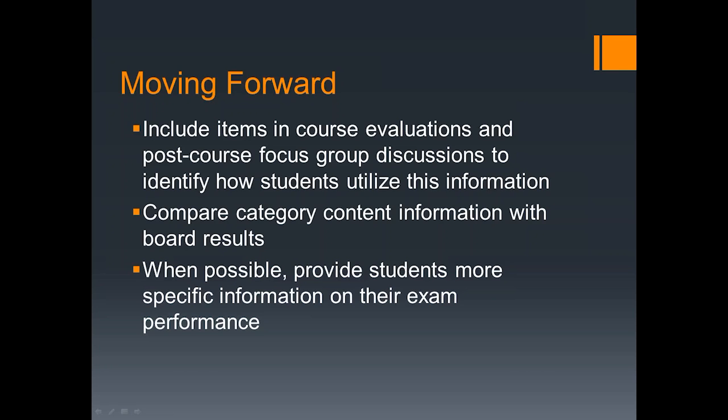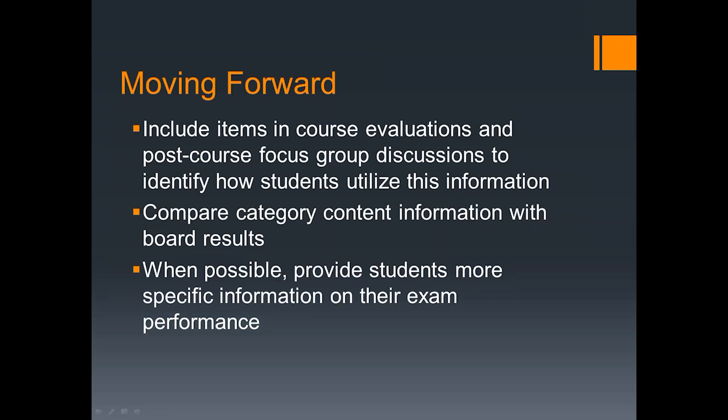We're definitely getting positive feedback from our students, and we would like to include some items in our course evaluations and our post-course focus group discussions to identify not whether or not they use it, because we have the feedback that says they do, but how they utilize this information.